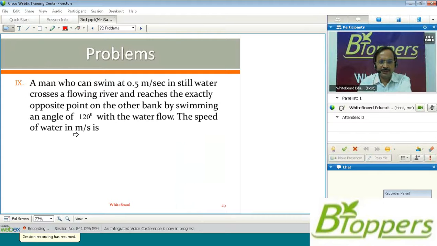The speed of water in meter per second is. You can see the options there. If you want to try the problem yourself first, you can take a pause and try the problem.